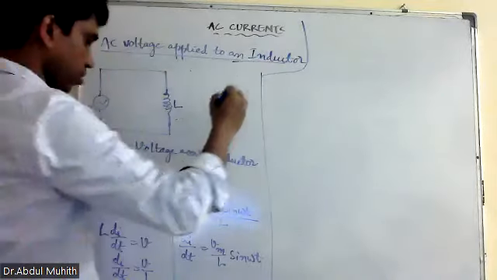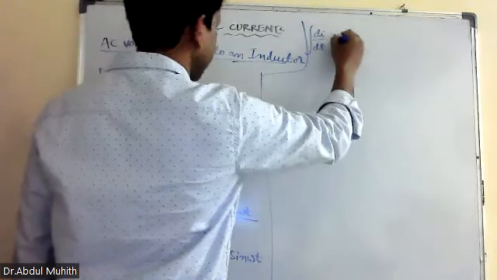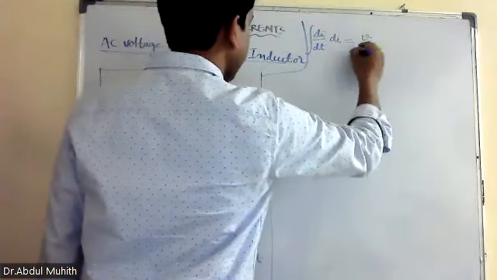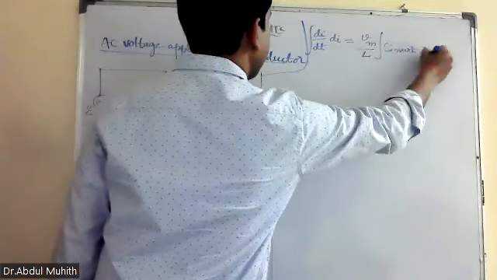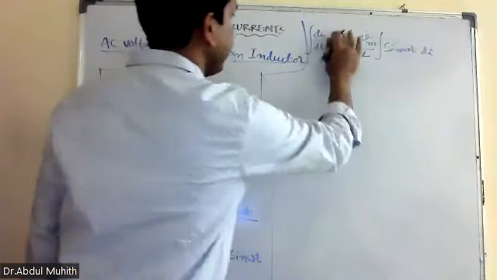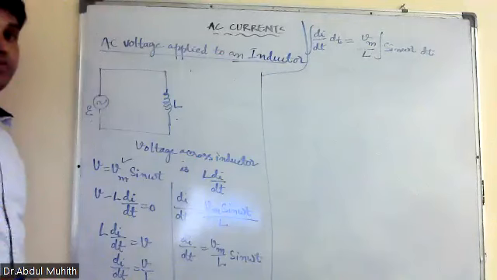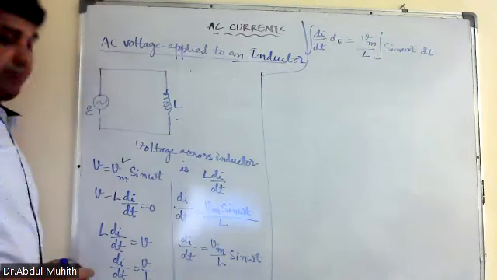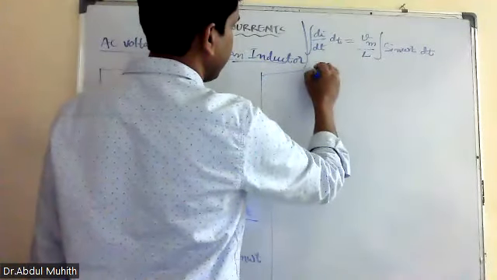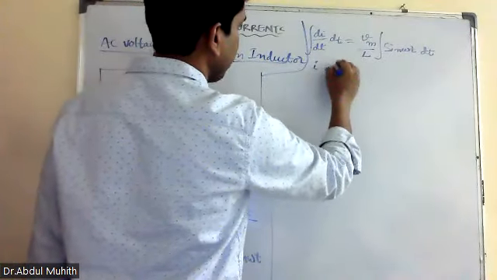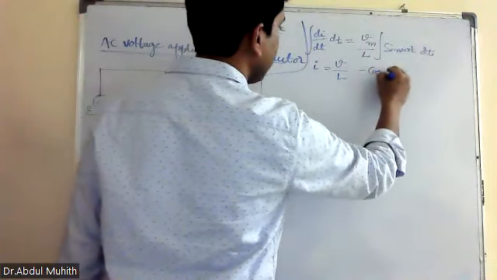So how do we integrate? Integration of di by dt into dt is equal to Vm by L times the integration of sin omega t dt, with respect to t. Is that clear? We integrated on both sides with respect to t. Now the left side becomes I, which is equal to Vm by L times the integration of sin omega t, which is minus cos omega t.